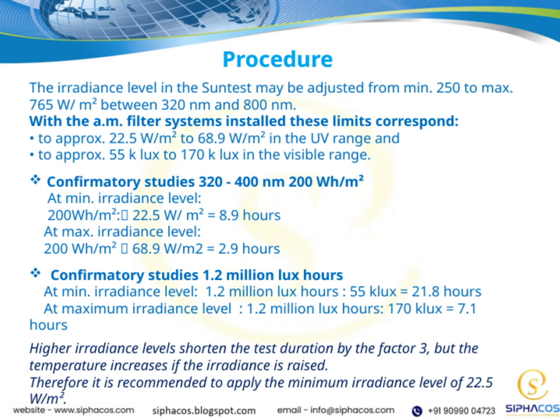Conversely, at the maximum level of 68.9 W/m², the same energy dose can be achieved in just about 2.9 hours. Similarly, for lux hours, if we're aiming for 1.2 million lux hours, at the minimum irradiance level of 55 kilolux, it takes roughly 21.8 hours. At the higher level of 170 kilolux, it drops to around 7.1 hours.